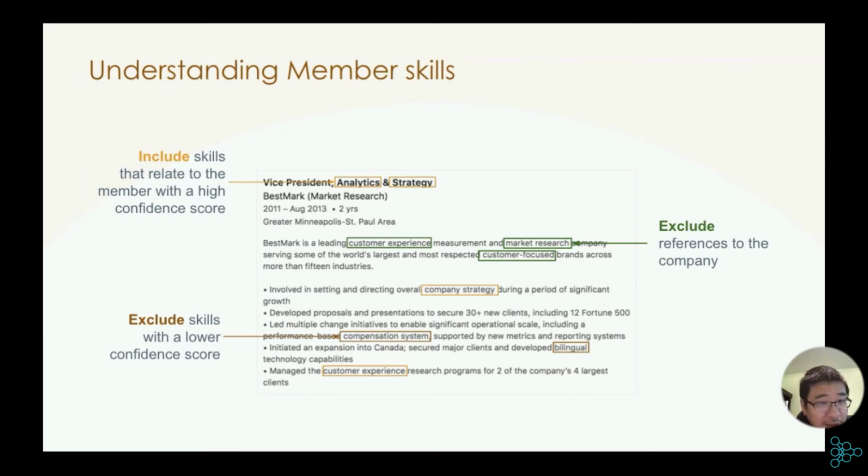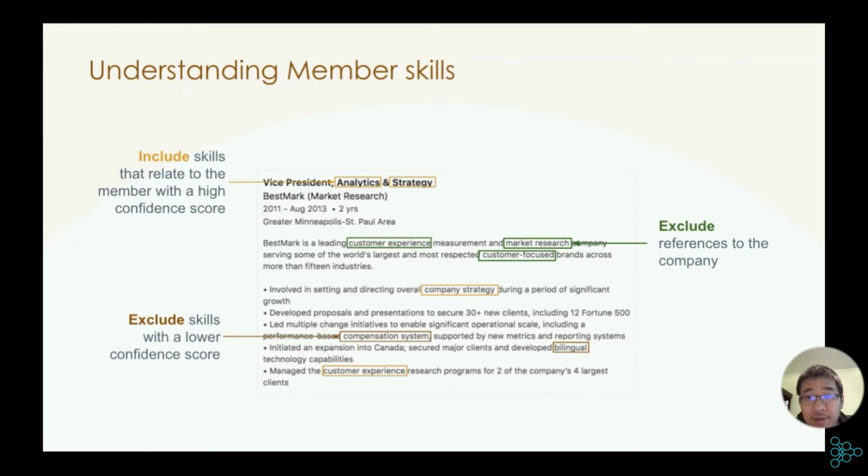And we also have some skills not related to this member that much, which are those skills in the bottom inside the red box, right? So those skills have a very low confidence score. So we need to remove all of them.